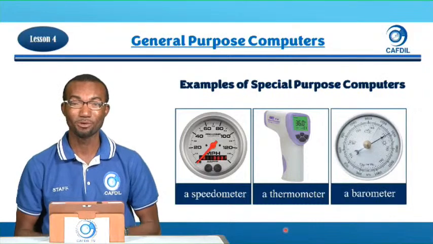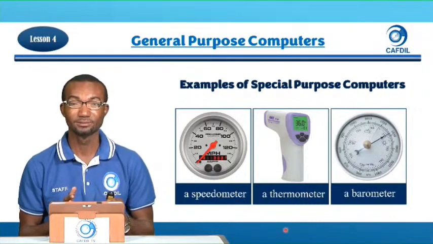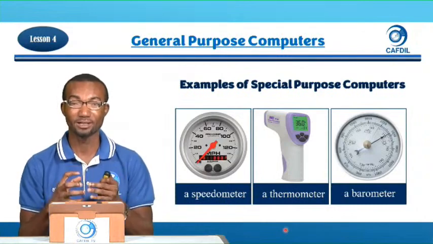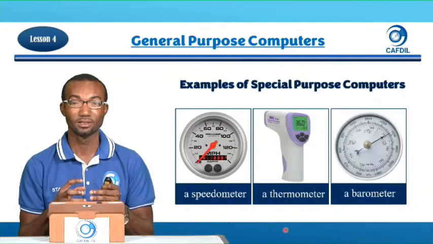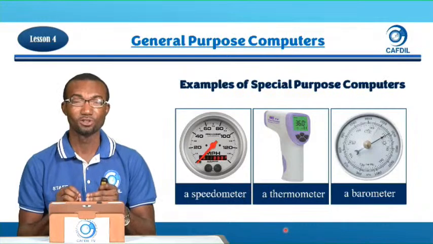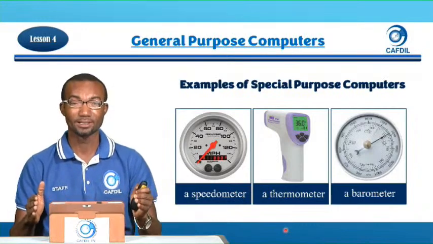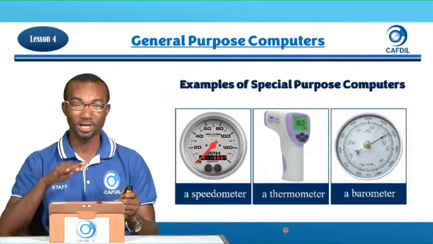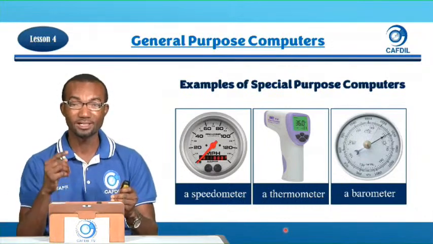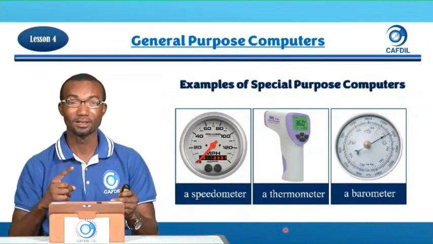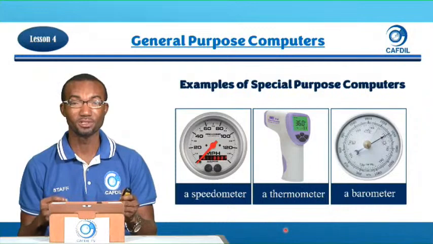The next example is a barometer. A barometer is used to check the pressure of objects. So if you look at the meter that Ghana Water Company install in our houses, you will see this barometer on top. And this barometer checks the pressure of the running water that is coming to your homes.